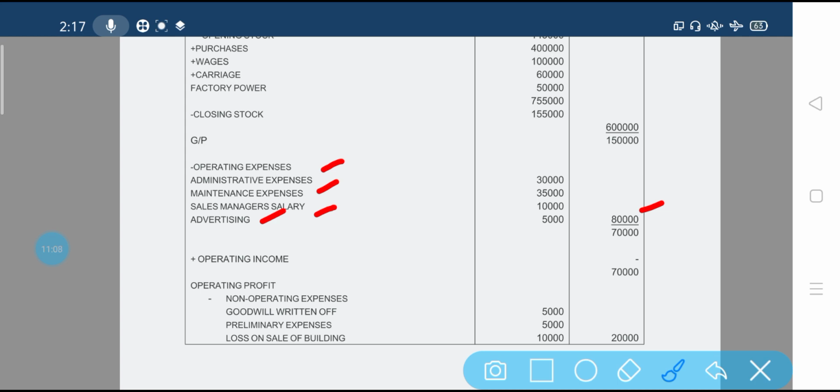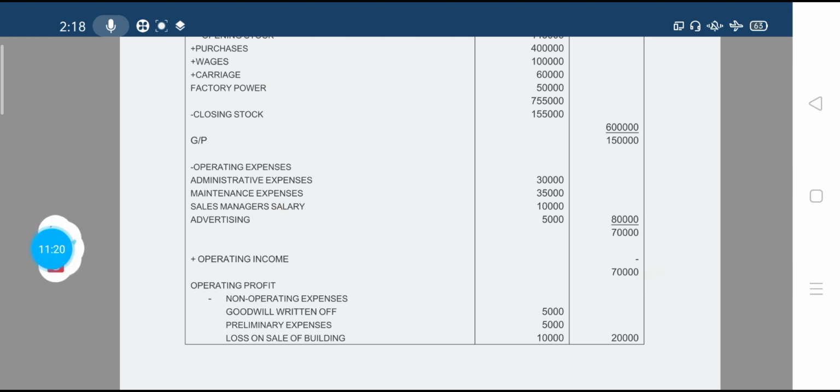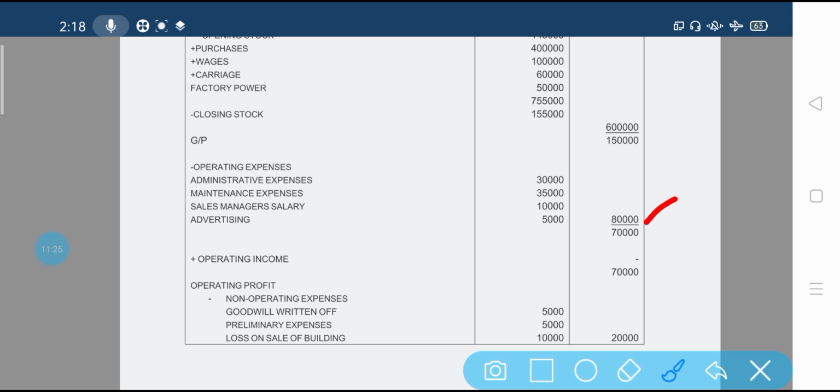Then plus cost of goods sold. Here this is the operating profit, 70,000. So for the calculation of operating cost we need 80,000, total operating expenses.